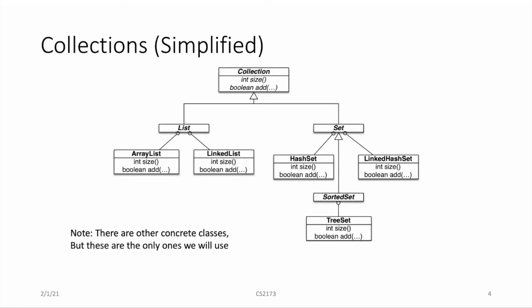And this is actually a portion of what's available. What Java offers out of the box is an extremely rich and varied and very effective set of abstract data types, is what it's called.